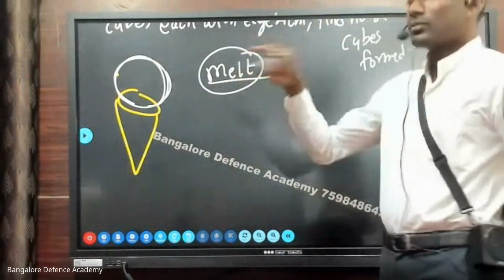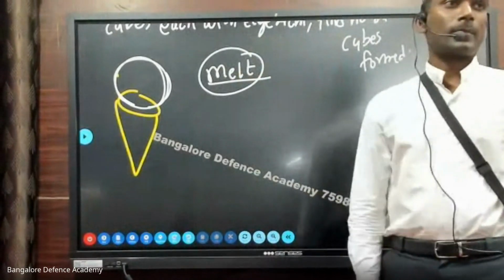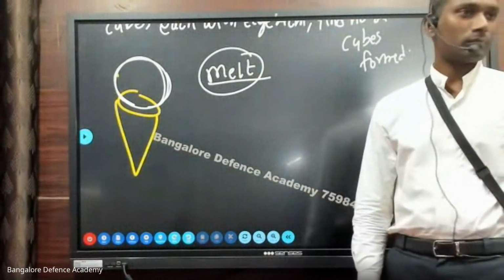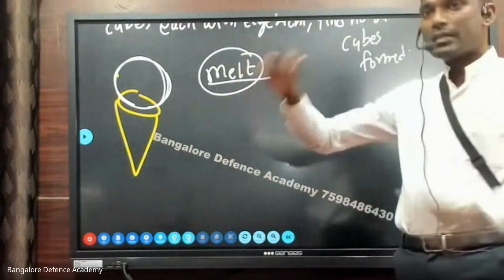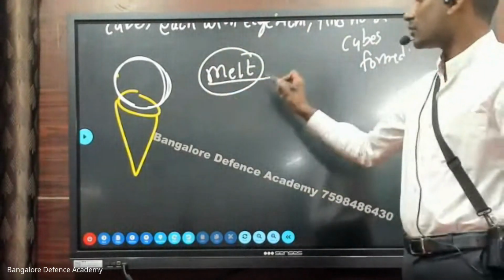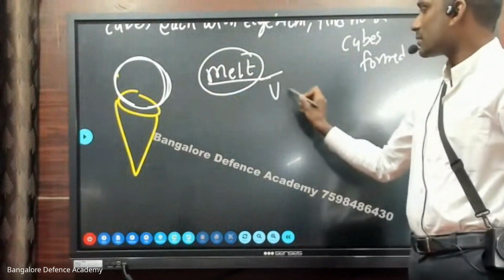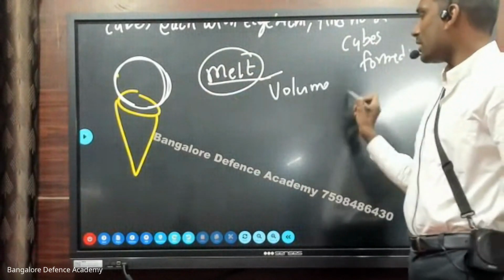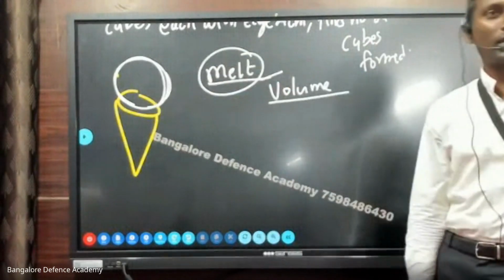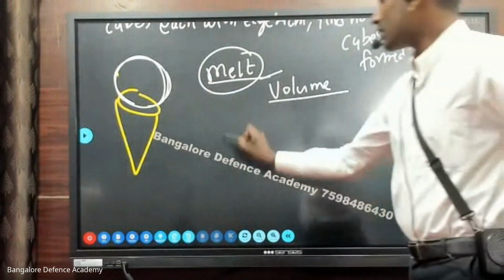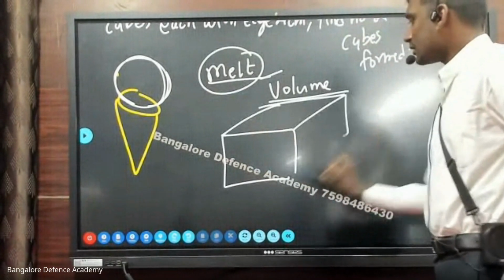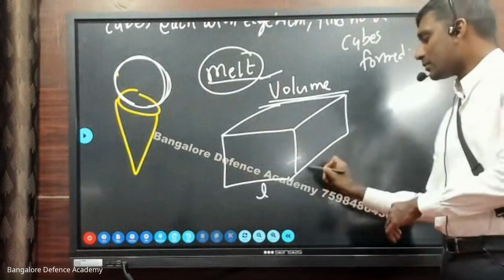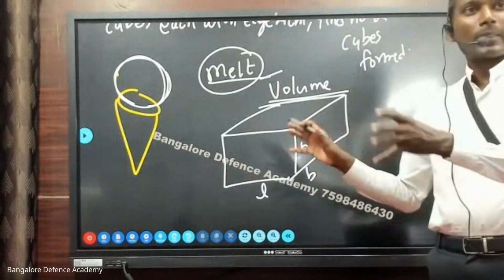Now look at this question, what they have given in the first sentence. A metal sphere is melted and recasted into something else. Look here. Whenever you see the word melt, you will try to find the volume. Eyes on the screen, everyone. Here they have given a metal's length, breadth and height.